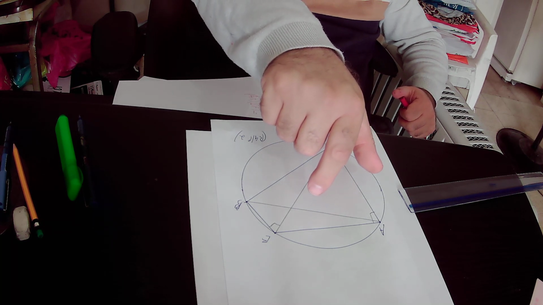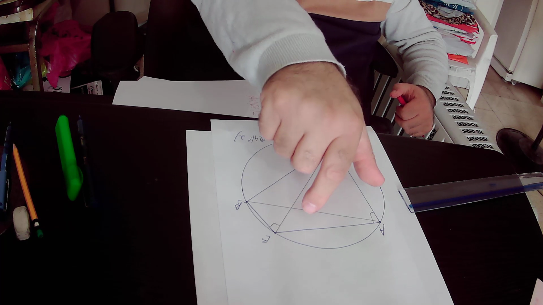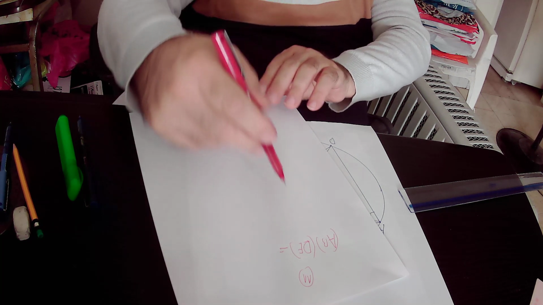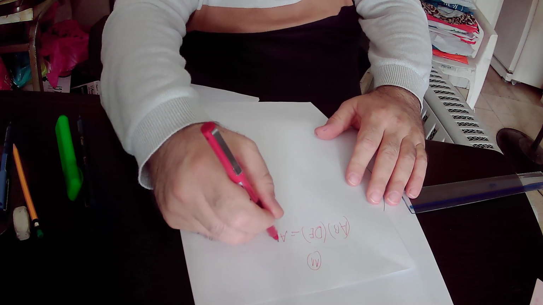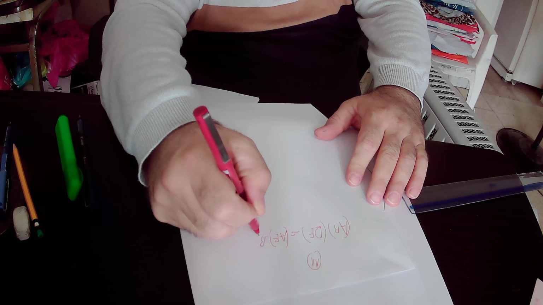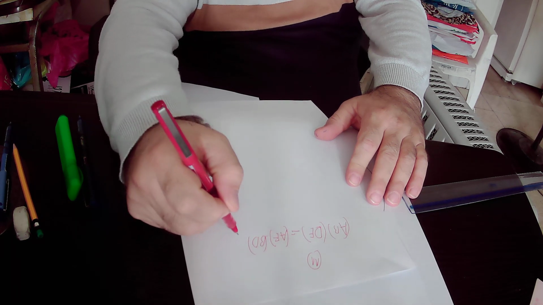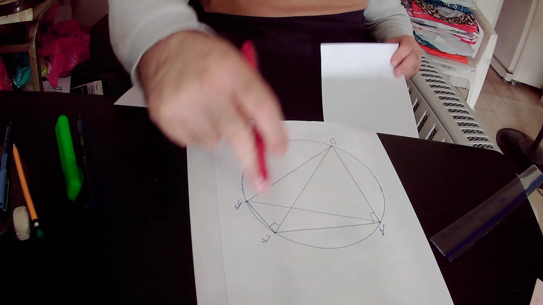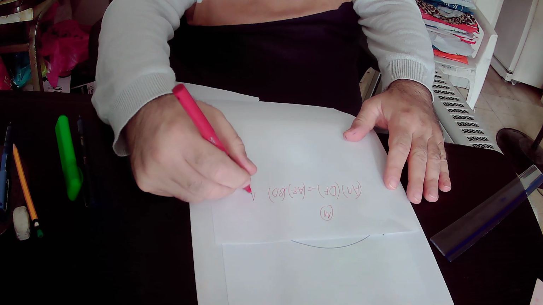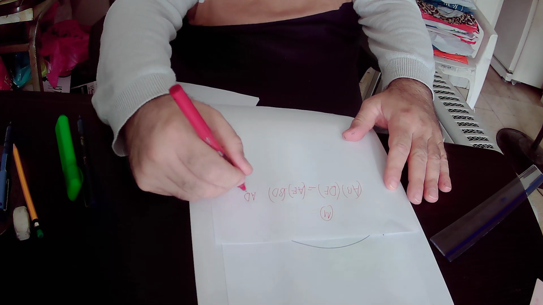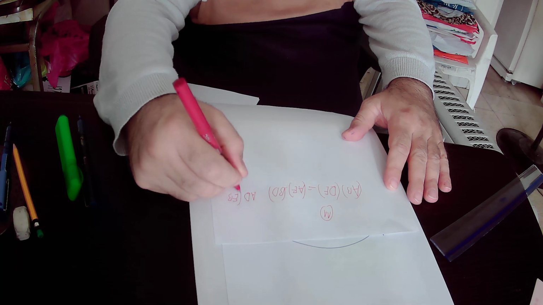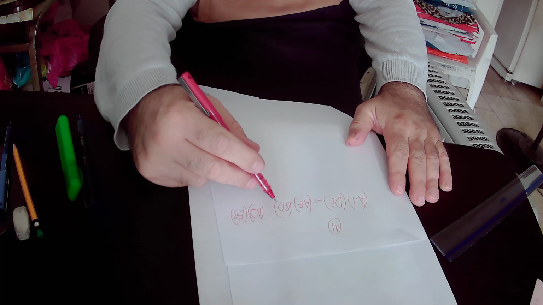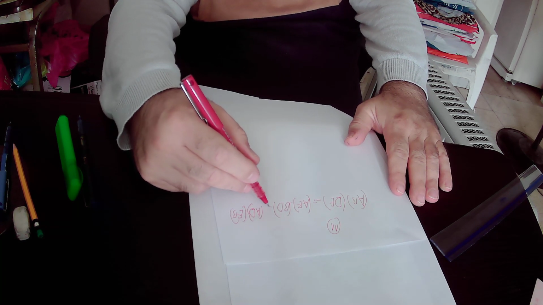The first product of its opposite sides is AE times BD, and the second product of its opposite sides is AD times EB. So the sum is AE times BD plus AD times EB.